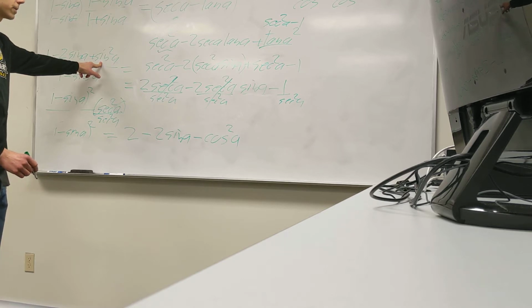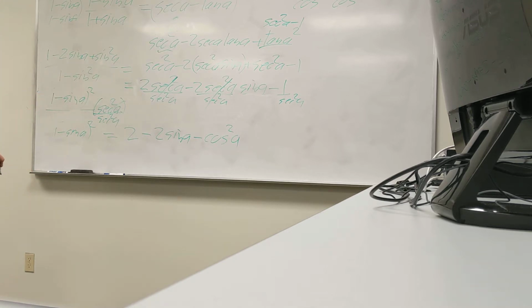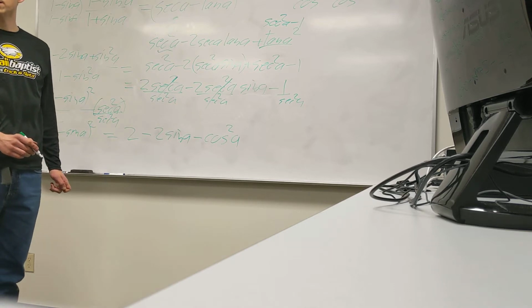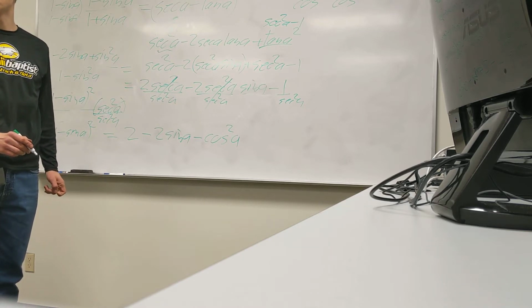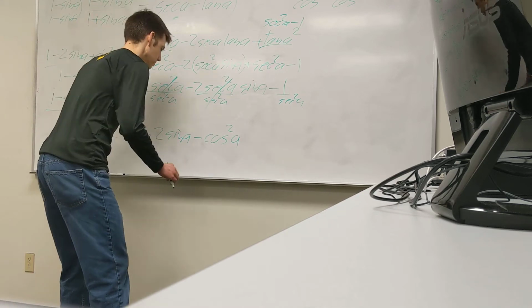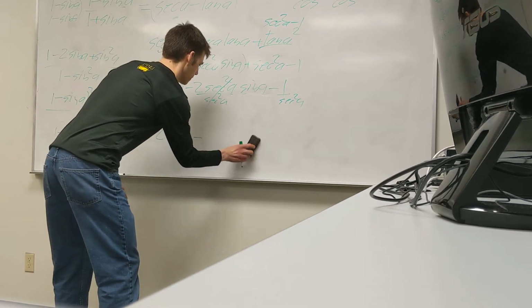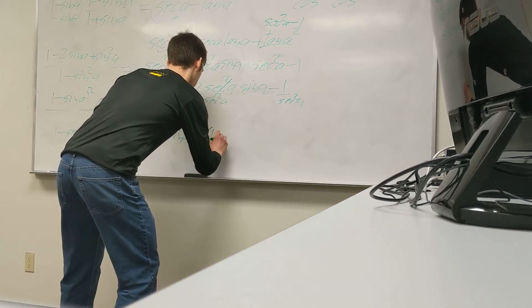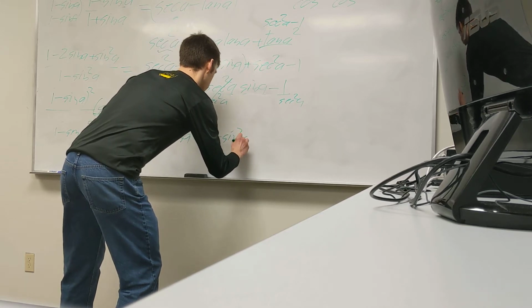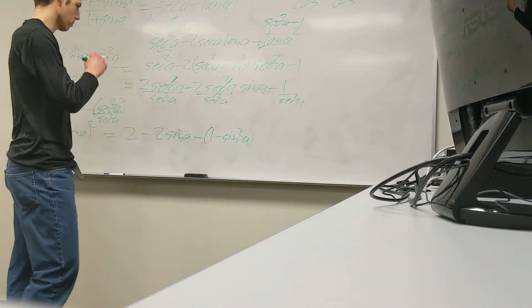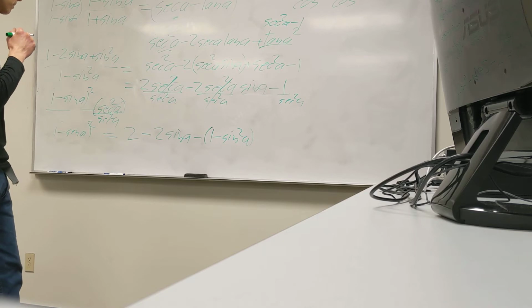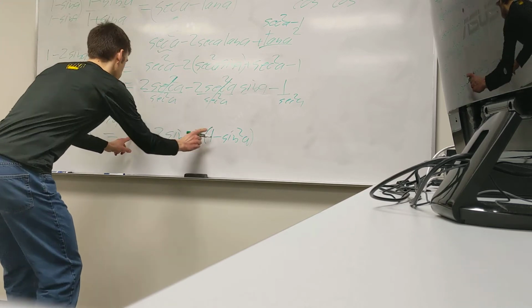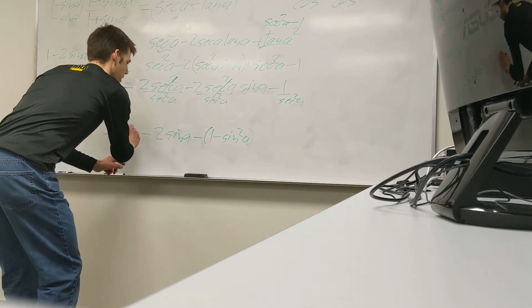1 over secant squared A is actually cosine squared A. Cosine squared A is actually 1 minus sine squared A, right? That's actually 1 minus sine squared A. So I've got 2 minus 1 is 1, right?